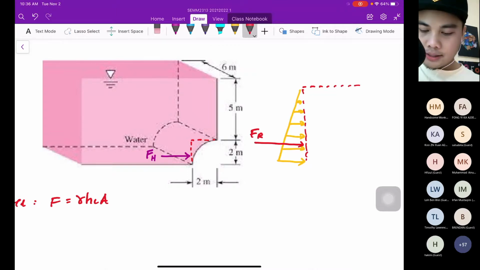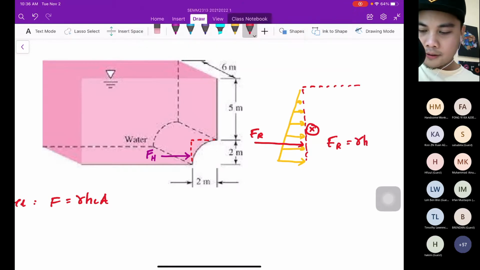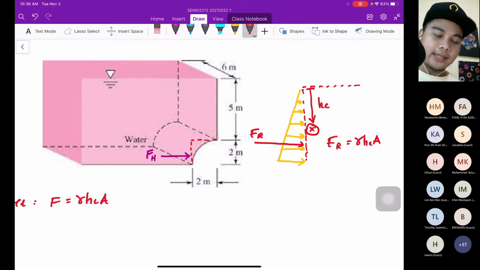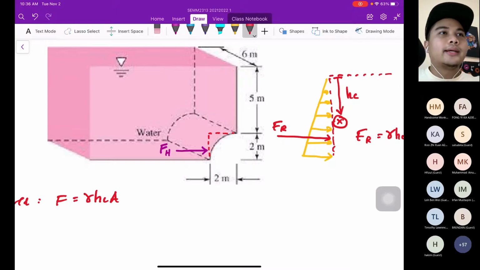To get here, we must use the centroid. So F equal to gamma HCA. From here, the HC is here. Okay, this is HC. What do you know about HC? What is the value of HC, class? Any idea?